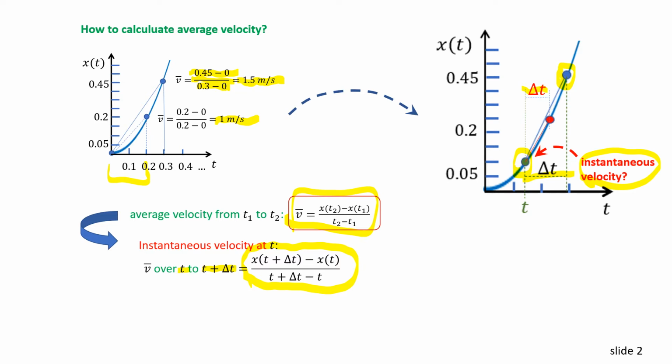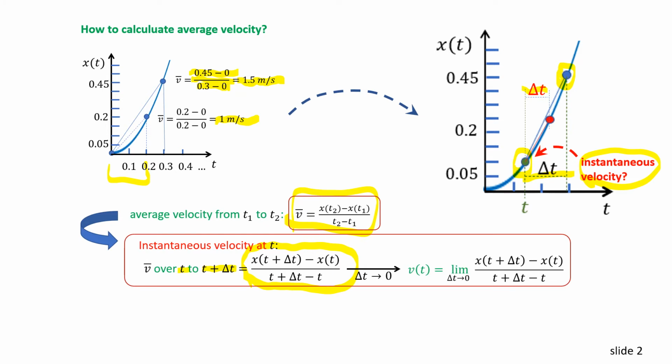Rise over run. And according to Newton, when you let the delta t become infinitesimally small, approaching zero, you're limiting that delta t to zero. And then this x of t plus delta t minus x of t divided by t plus delta t minus t will become the instantaneous velocity, and that's our answer.